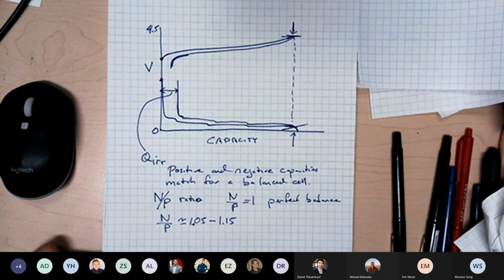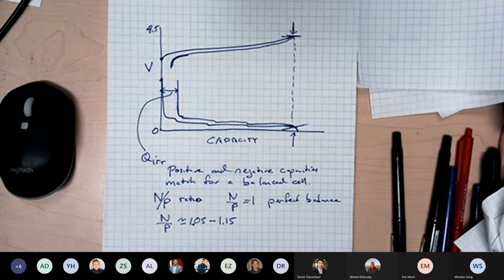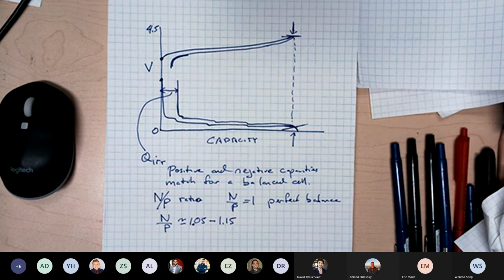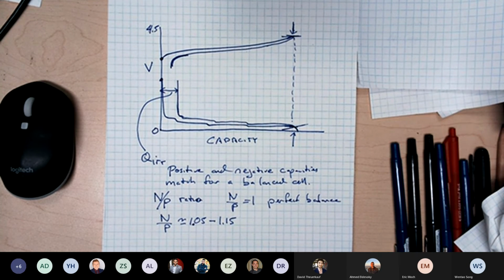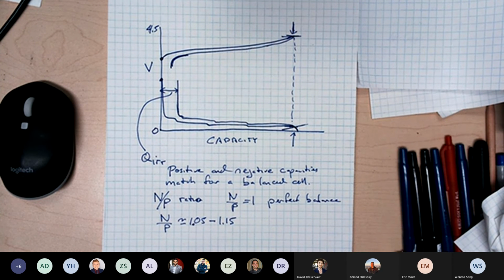So typical formations are not done at C rate. Although I will tell you, in some companies, formations are done at C rate, and I was shocked when I saw that happening. But they were also done at 70 degrees C, where the diffusion rates in the electrolyte and the electrode particles are very high. So even at C rate, you could be close to equilibrium.